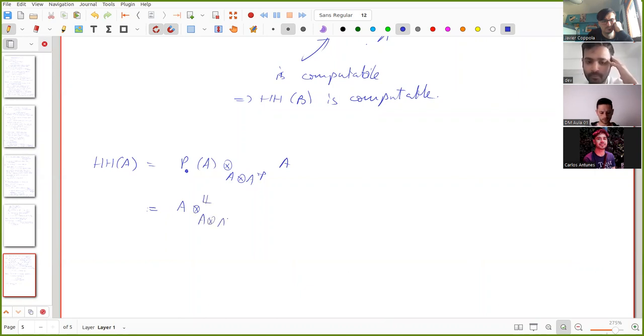The derived tensor product is the tensor product in the derived category of modules, and the objects in that are chain complexes.